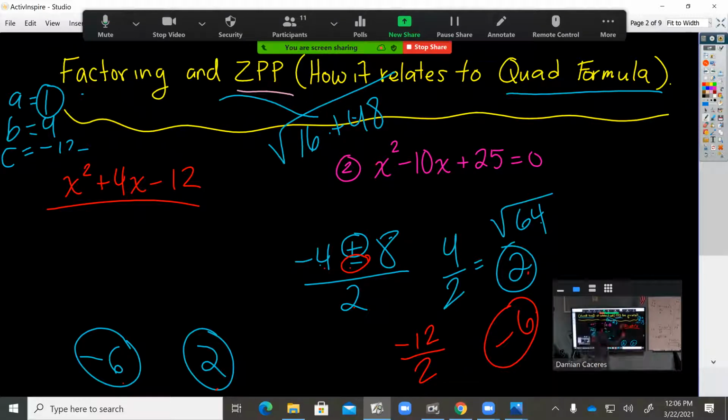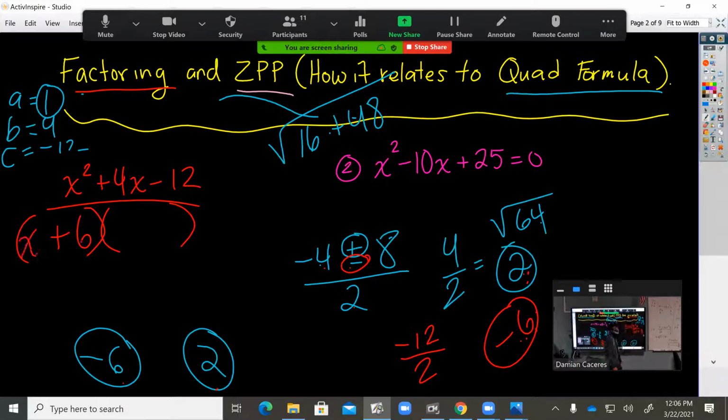Now let's say your instructions say factor, and you get to the problem, you forgot how to factor. If you remember the quadratic formula, once you get your two results, you can backtrack and write down your factors. So all you know about factors versus solutions is that the sign's opposite, right? So if you get negative 6 as a solution, what was it in the parentheses?